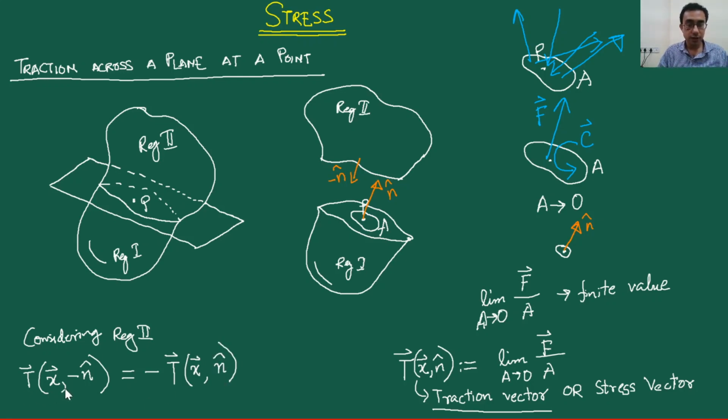So the traction vector considering the same point P but sitting on the region 2 will be the negative of the traction vector considering the same point P but within the region 1. This concept is something we will subsequently be using in order to derive some very important formulas.